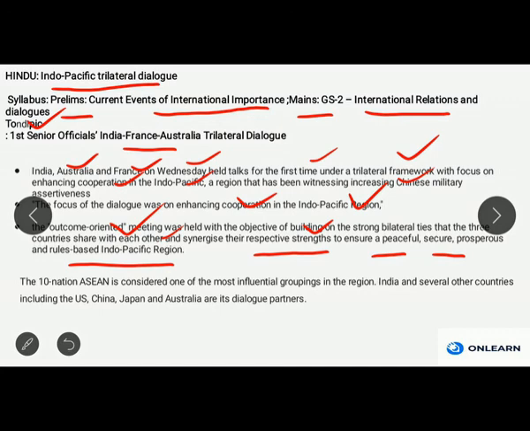Again, they are focusing on the Indo-Pacific region and using their strengths to build up their multilateral ties in order to ensure a peaceful Indo-Pacific region. Now, the 10-nation ASEAN is considered one of the most influential groupings in the Indo-Pacific region. India and several other countries including the US, China, Japan, Australia are its dialogue partners. That is to be remembered.